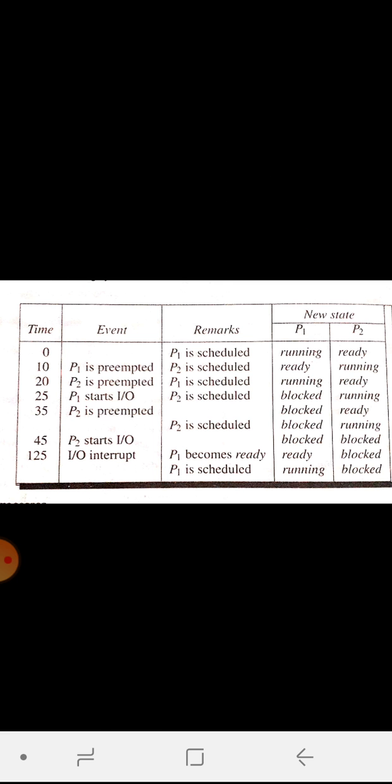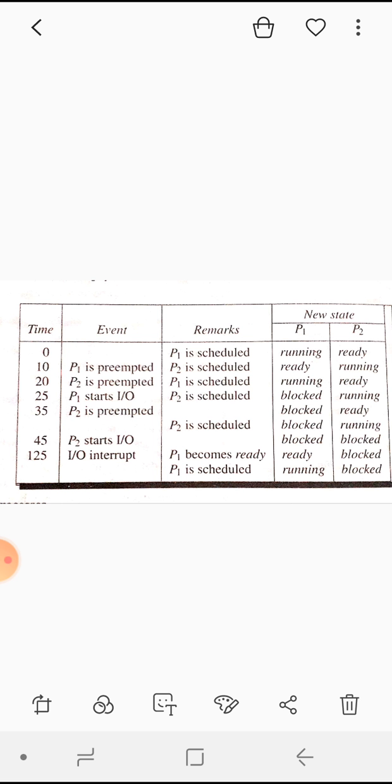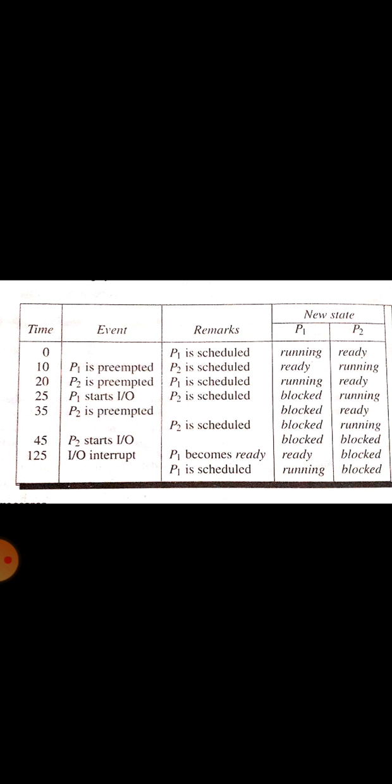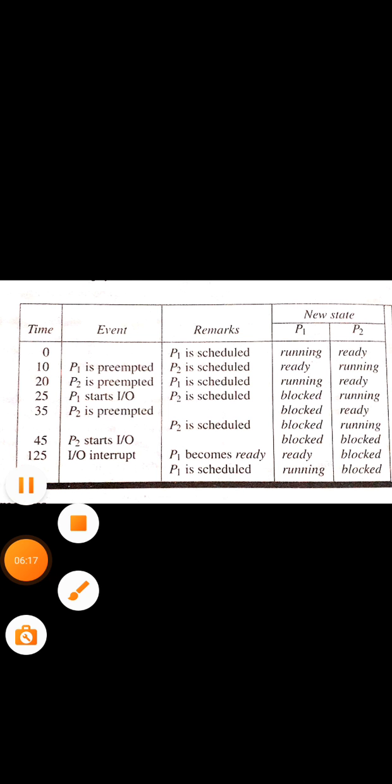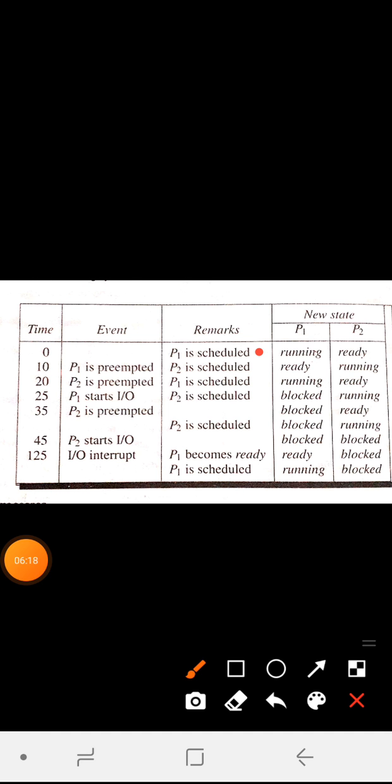At time 0, both processes are in ready state, and once the time has occurred, the execution starts: process P1 has been scheduled. Since P1 is scheduled, it is marked running, nothing but the CPU has started executing its instructions, whereas P2 is marked ready. In the next 10 milliseconds, P1 is preempted.